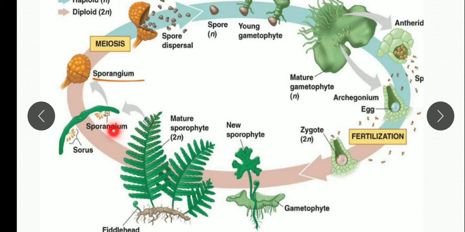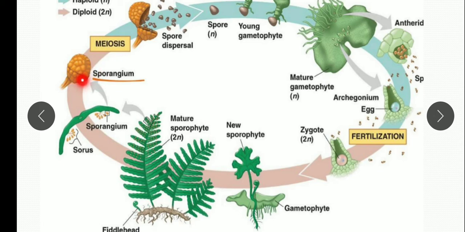Sporangia are present on the leaf surface, and this type of leaf is known as the sporophyll. These sporangia in groups are known as sori. In the sporangium, the spore mother cell is produced. This sporangium has the spores, and these spores develop from the spore mother cell.